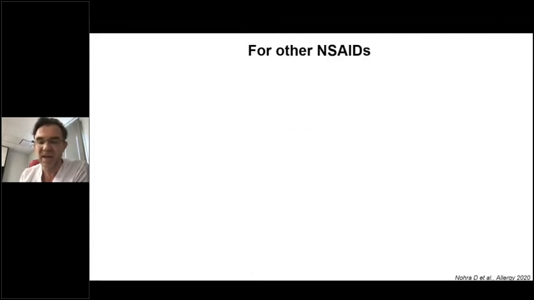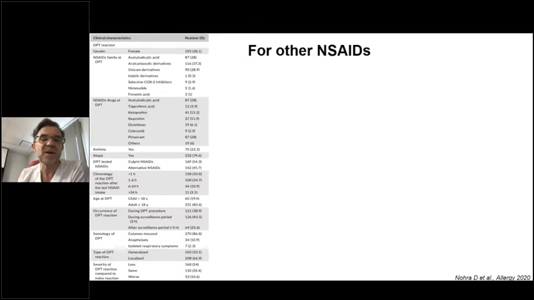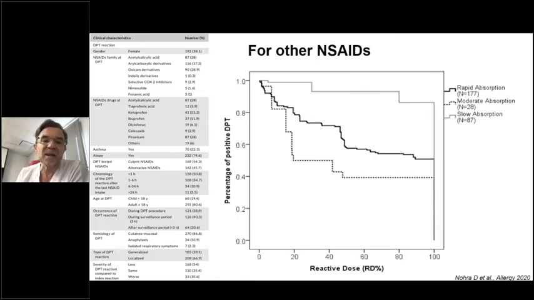We did the same exercise with more than 300 positive NSAID patients, and details of the patients on the left-hand side are not really needed, both adults and children, different clinical presentations. And we found that kind of curves.